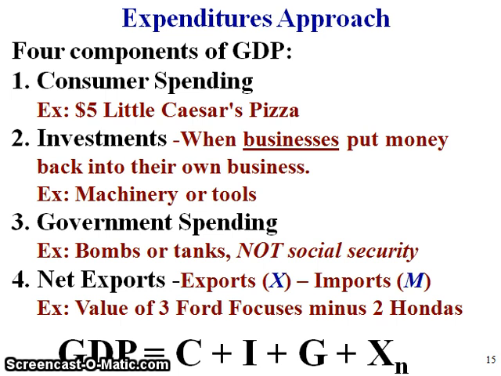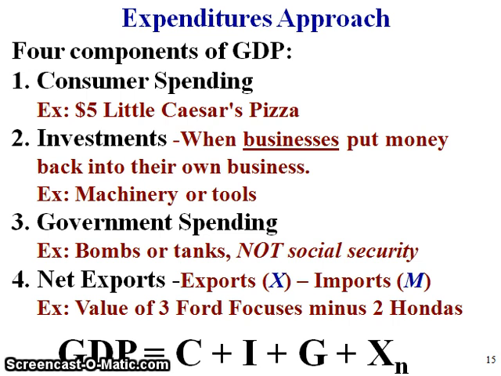G stands for government spending, and this is more about the physical, tangible things the government has purchased in that year, such as bombs or tanks, and highway construction or repair. Not, however, transfer payments such as welfare, Medicaid, Social Security, etc. Net exports, again, is exports less the imports in a given year.